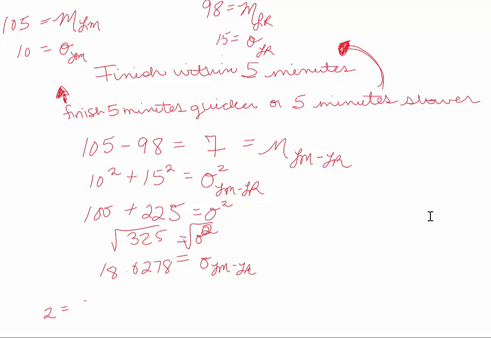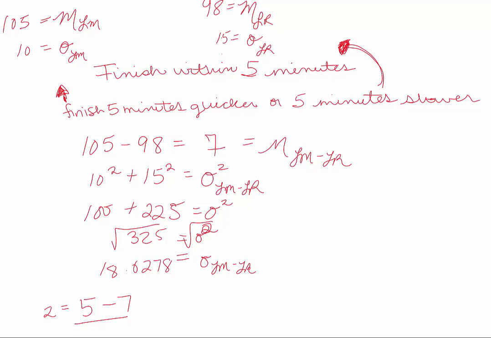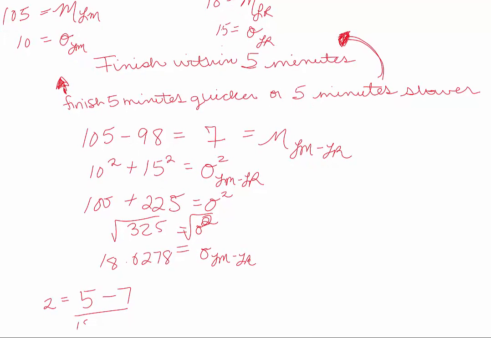So let's say the difference between the two is 5. And we know our mean was 7, and our standard deviation was 18.0278. And we're going to figure out what that z-score is for that.